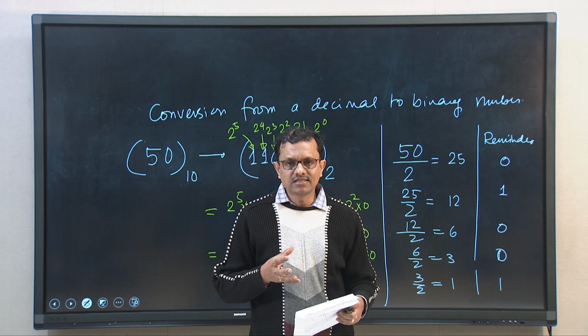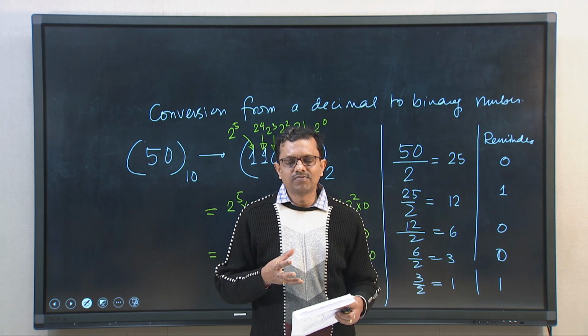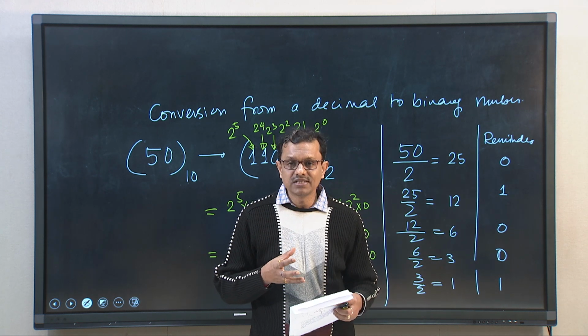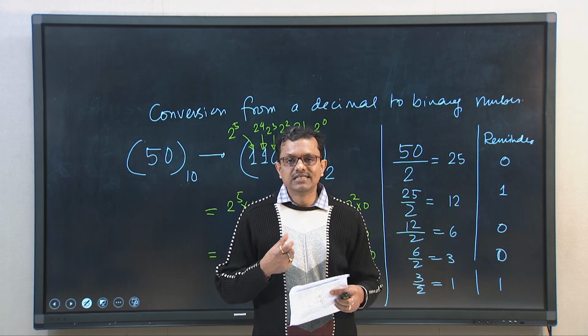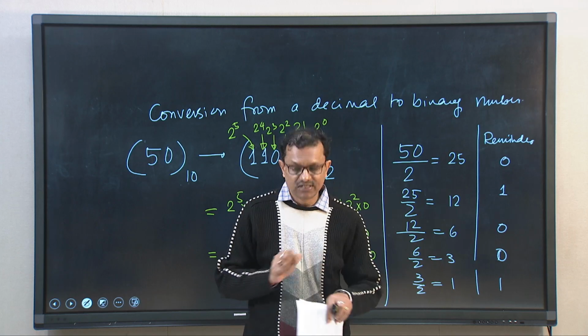In digital systems, these binary digit or binary bit manipulations are done very easily using some logic gates. So, we will briefly discuss a few logic gates.